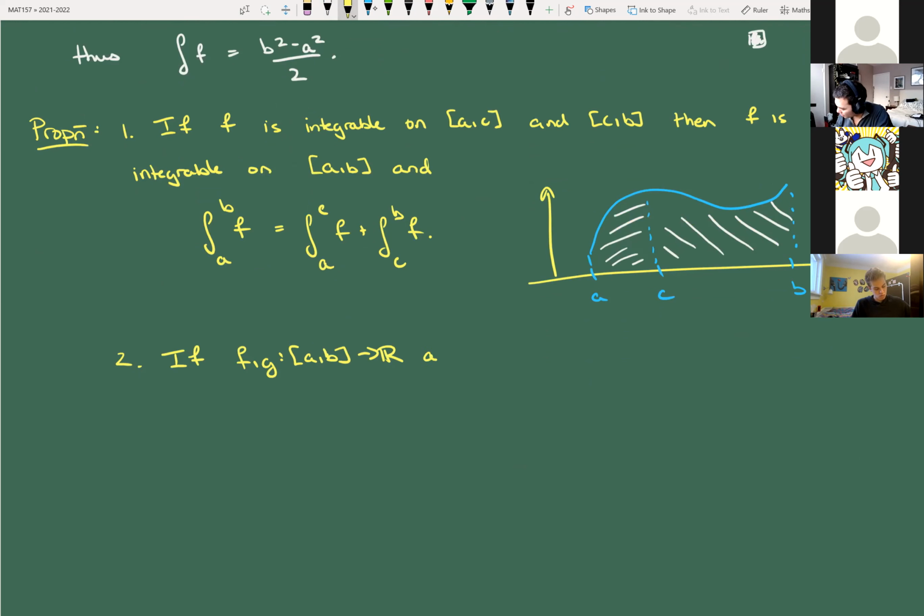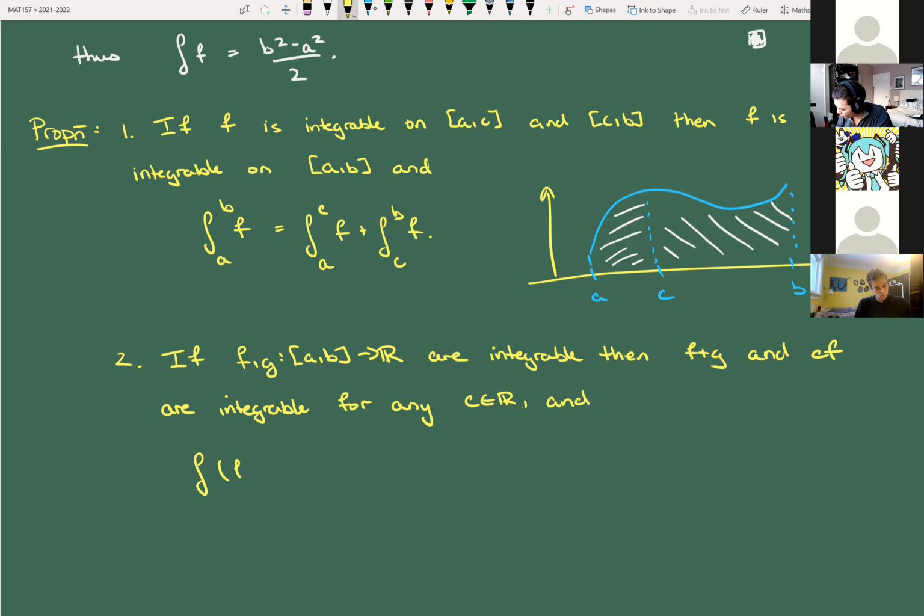So if F and G are integrable, then F plus G and CF are integrable for any real number C. And exactly what you think should be true is true: the integral of F plus G is the integral of F plus the integral of G, and the integral of CF is C times the integral of F. Okay.